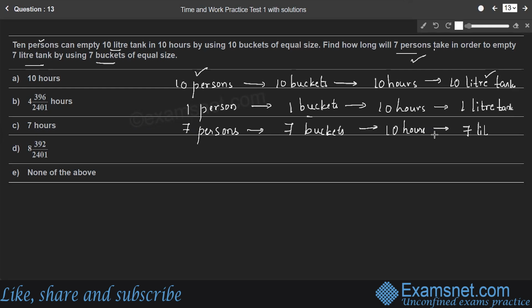If each person can empty 1-liter tank like this, 7 persons can empty 7-liter tank. That's what the question asks: how long will 7 persons take to empty 7-liter tank by using 7 buckets? 7 persons take 10 hours. Option A is the right answer.